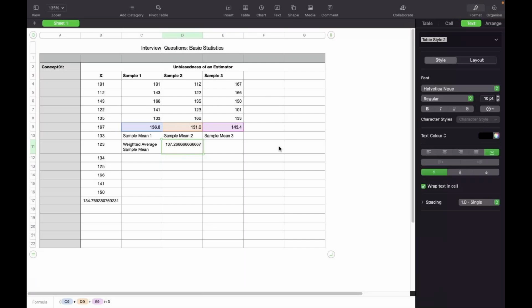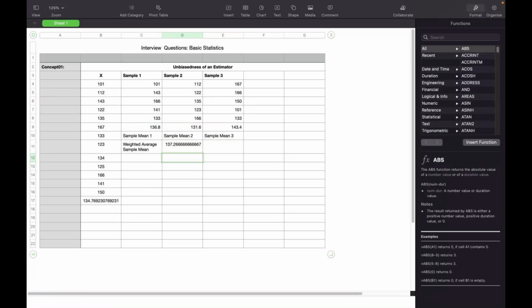So if I increase the number of samples more, I'll be able to come closer to this, right? So what is the difference between the sample and the population mean over here? It is 137 minus this divided by this.